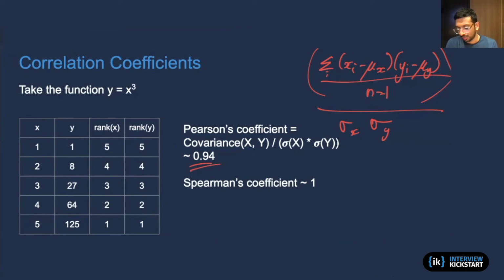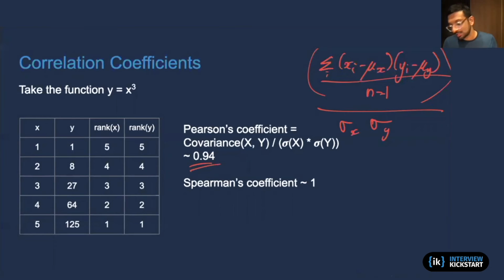As we increase the number of points in x, if we were to get higher values of x, we would not expect this coefficient to be quite so high. The reason it's so high right now is because we only have 5 points in x, but as it goes on, the value of y being x cubed would increase quite significantly, and so we cannot expect a high covariance, a high Pearson coefficient value.